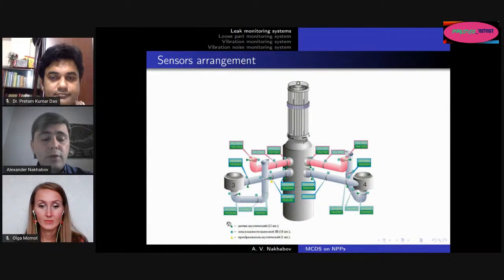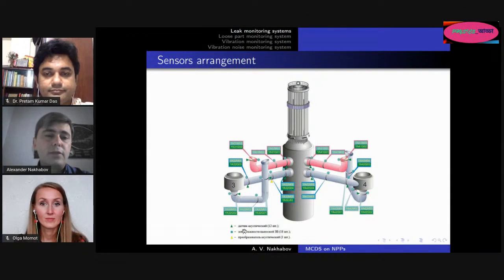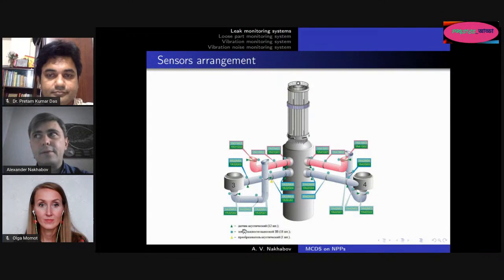On this slide, you can see some example. All my pictures are taken from the official website of the Dept company. It's a Russian company involved in development and production of different diagnostic systems for Russian-design nuclear power plants in Russia and abroad.